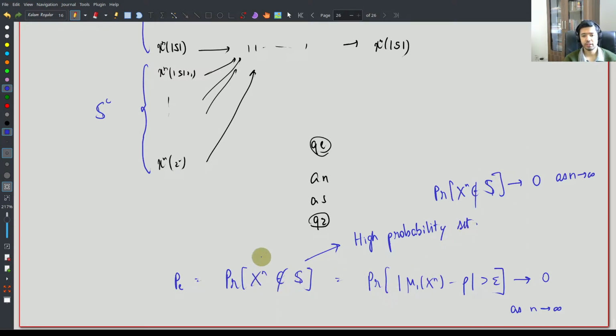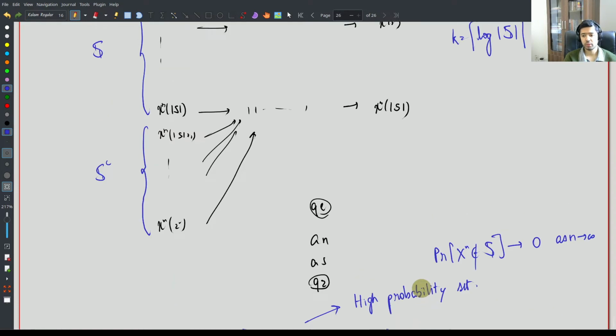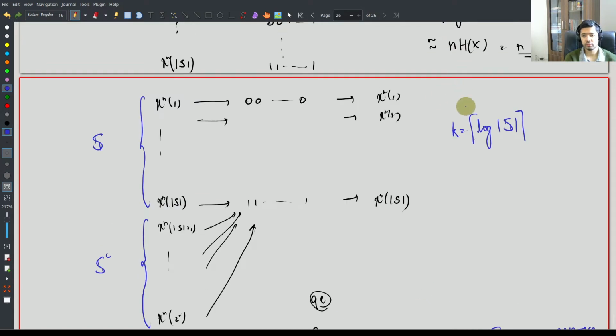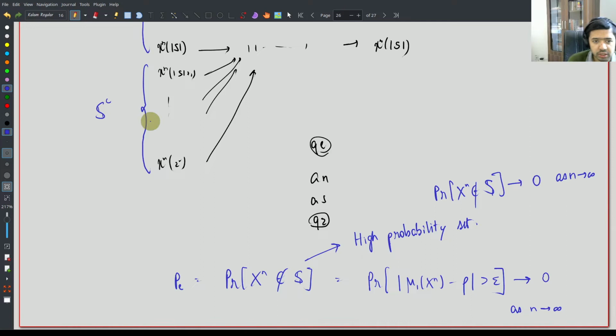And this particular set, that is a set of all sequences for which the fraction of ones is close to p, between p minus epsilon and p plus epsilon, is a high probability set. Okay, that's good. So now what is left is to find out what k is, or in other words, we want to know what is k over n.